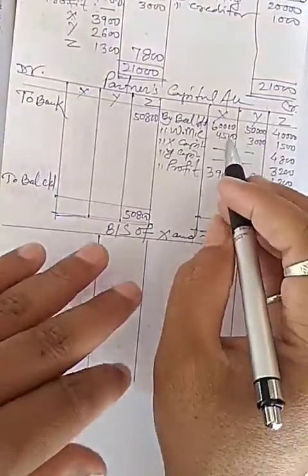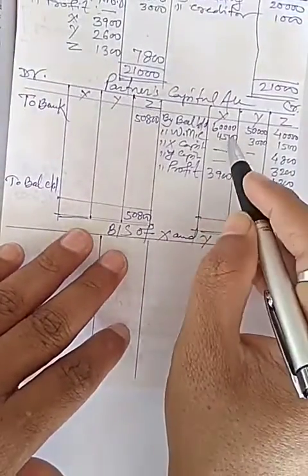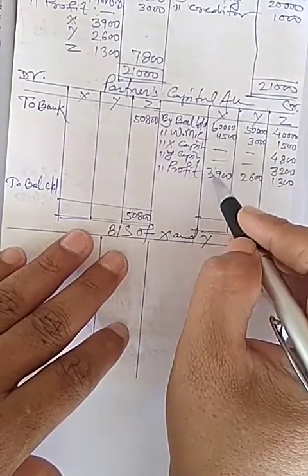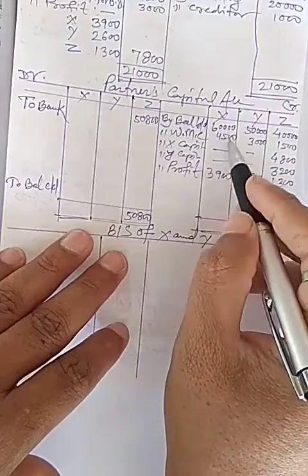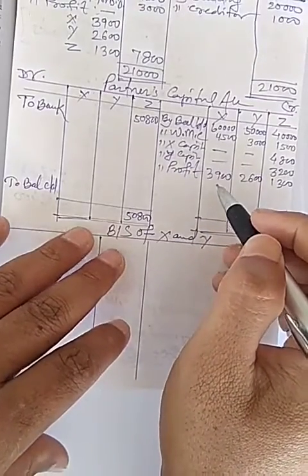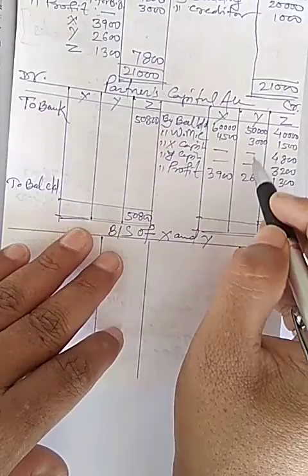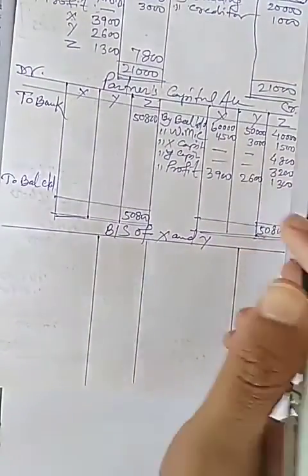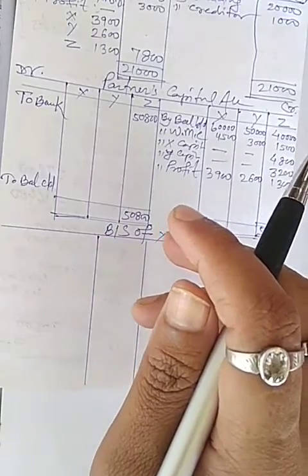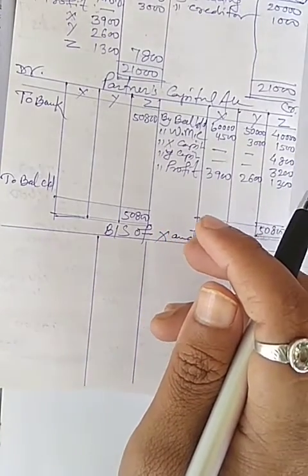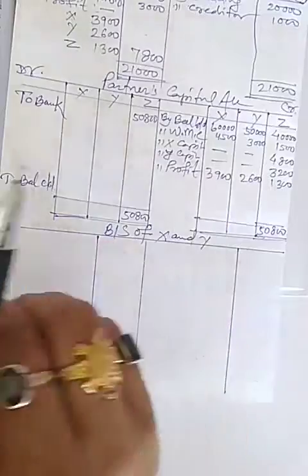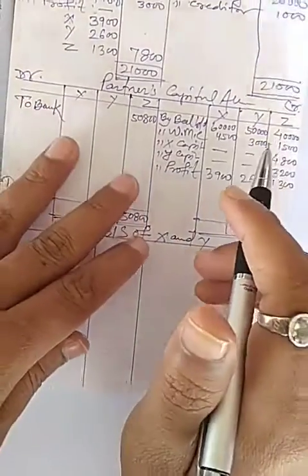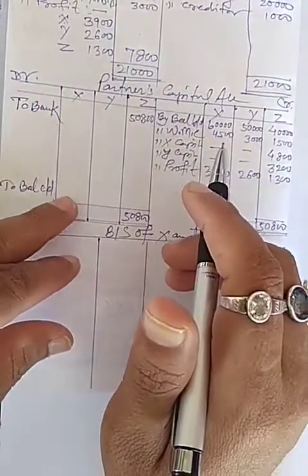Now we can see total capital of X will be 68,400 and Y will be 55,600. So first I will calculate the total capital of the new firm.